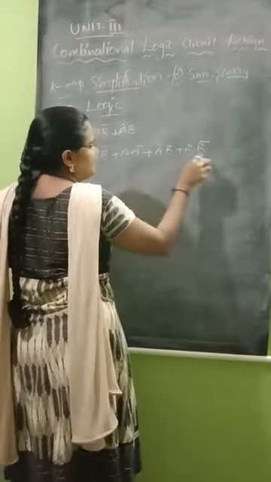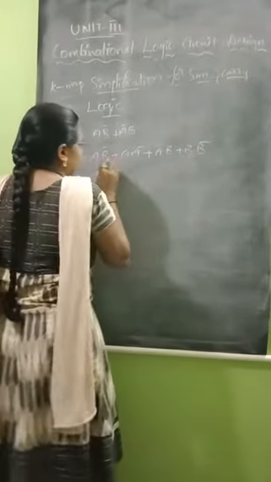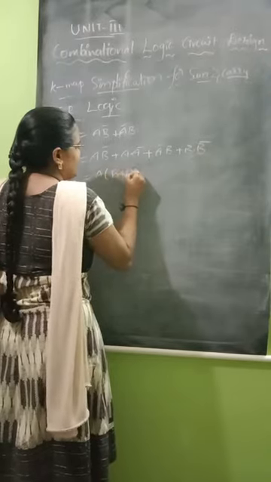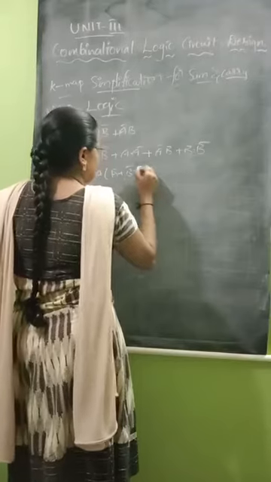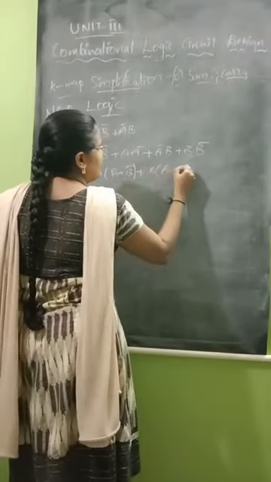Similarly, the same case is applied here. These two terms have A as the common term, so A bar plus B bar, and here B is the common term, A bar plus B bar.